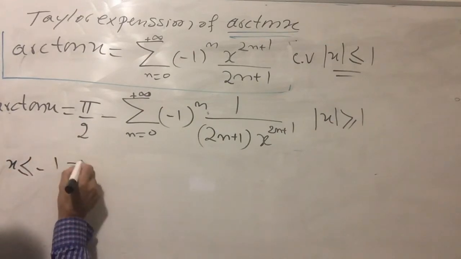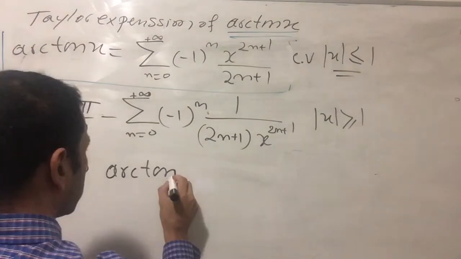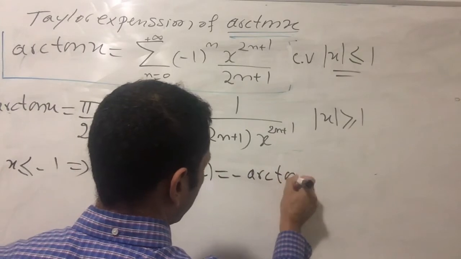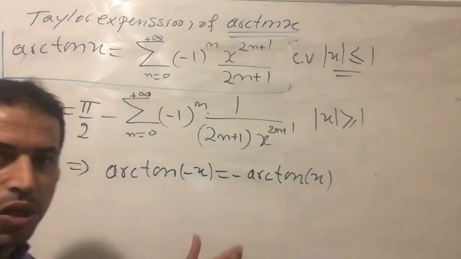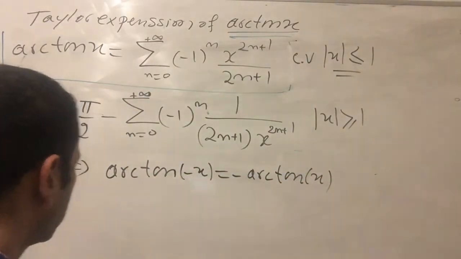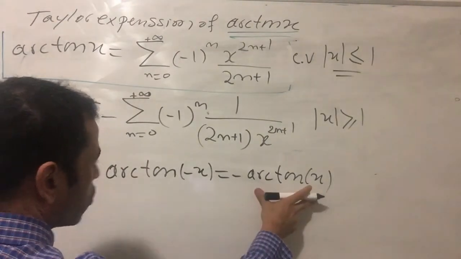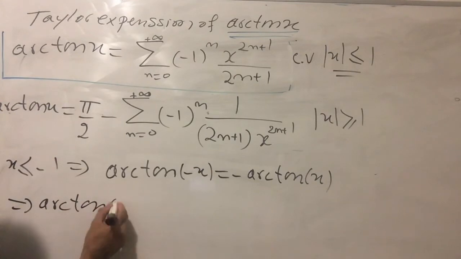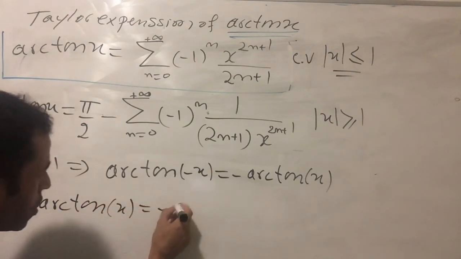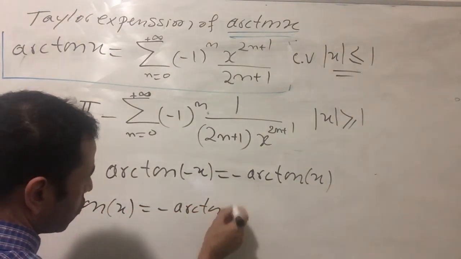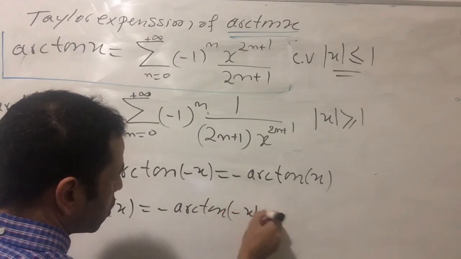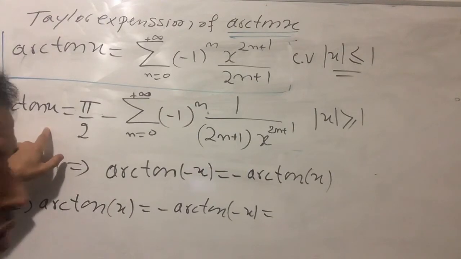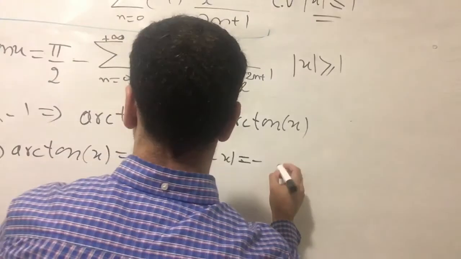So arctangent of minus x equal to minus arctangent of x, because arctangent is an odd function. In other words, arctangent of x equal to minus arctangent of minus x. What I'm going to do now is plug minus x into this equation. So we'll have minus pi over 2.